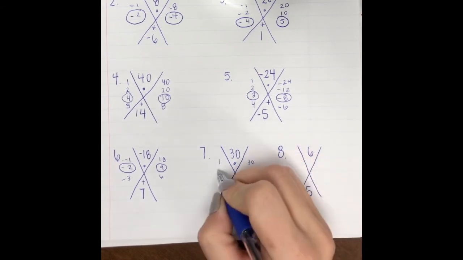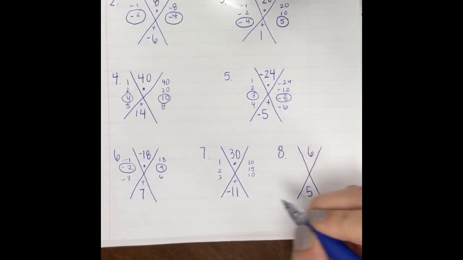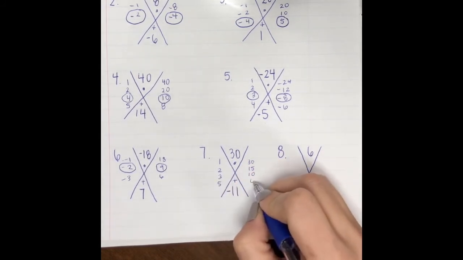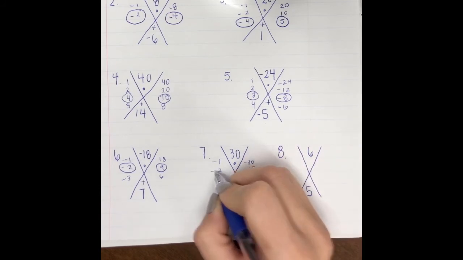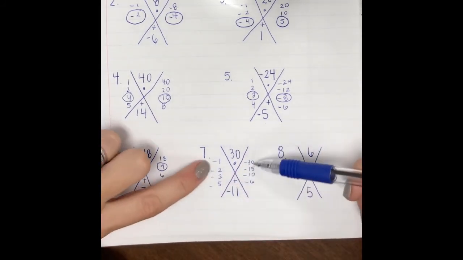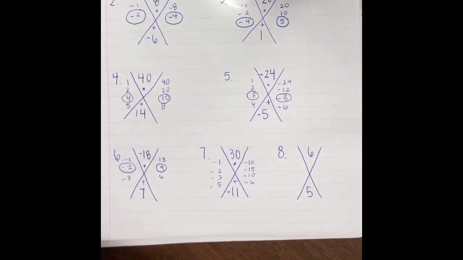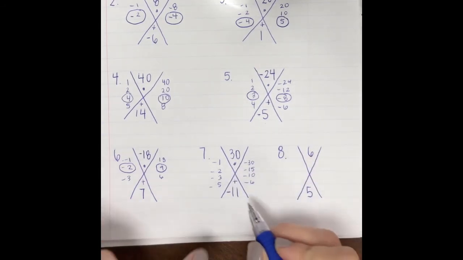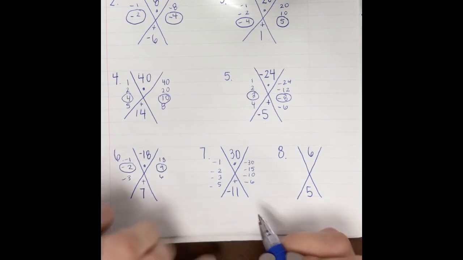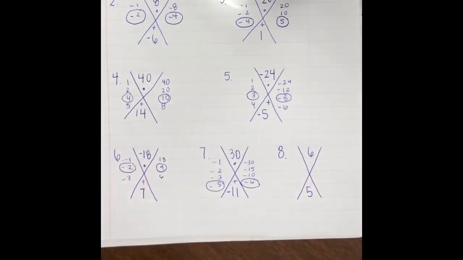So when we say 1 and 30, 2 and 15, 3 and 10, 5 and 6, they're all going to have to be negative, right? 2 negatives will multiply to give you a positive, but then add up to give you a negative number. So our winners, hopefully y'all can see it, the ones that would add up to give us negative 11 would be negative 5 and negative 6, okay?